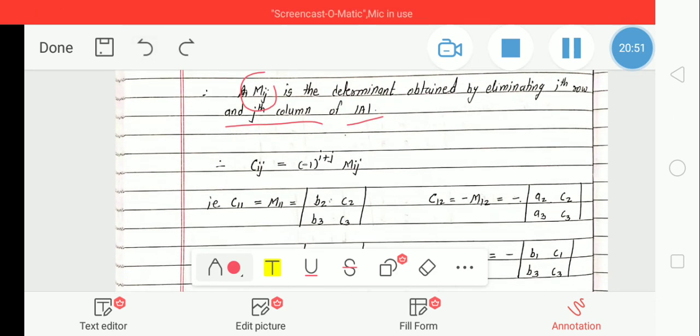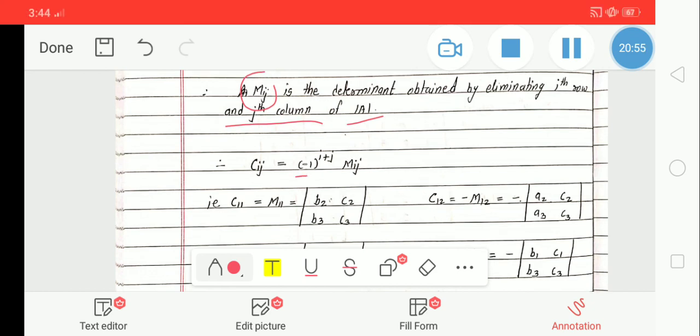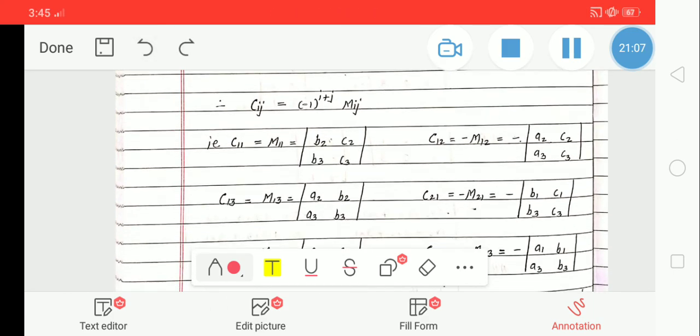Now Cij is equal to minus 1 raised to i plus j multiplied by Mij. This formula we studied in the last lecture.